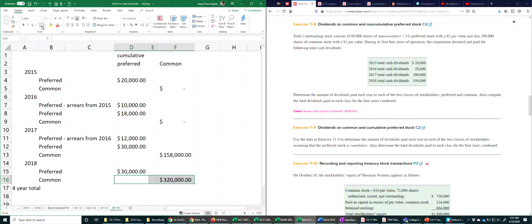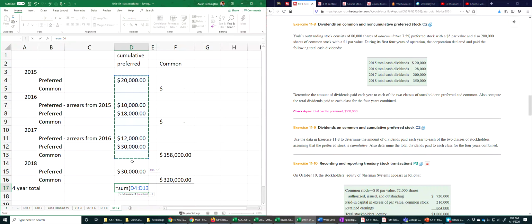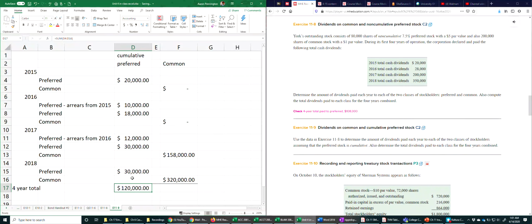We're going to take a total for both columns, and we see we get different total numbers than we got with non-cumulative.